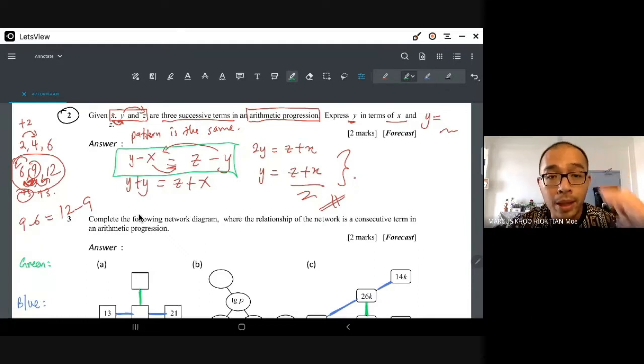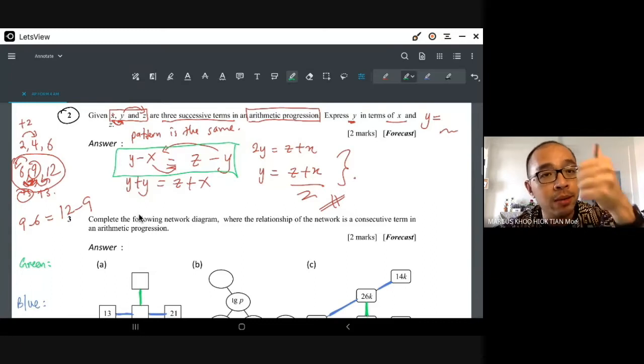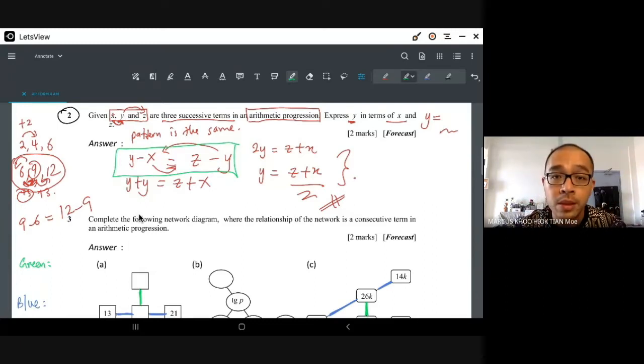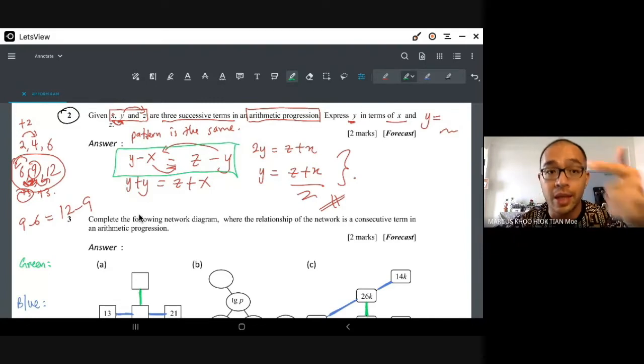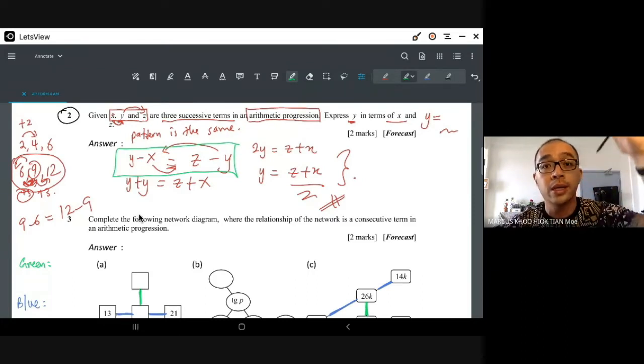The pattern is the same if it is an arithmetic progression, and the pattern is either plus or minus, either positive or negative. If the pattern is positive, then your progression is an increasing progression. The numbers get bigger and bigger.